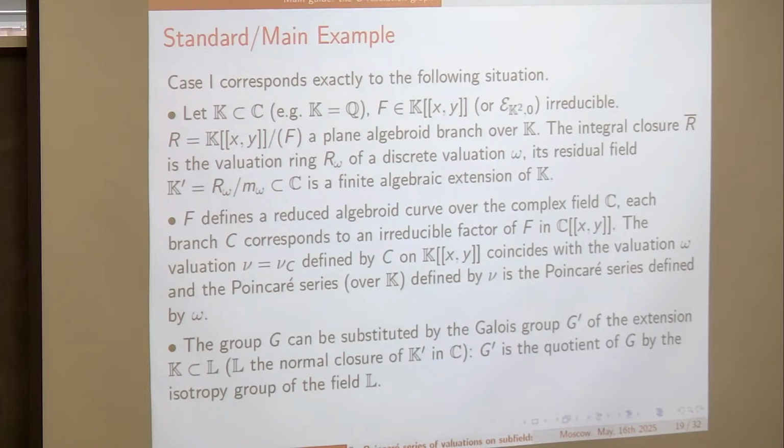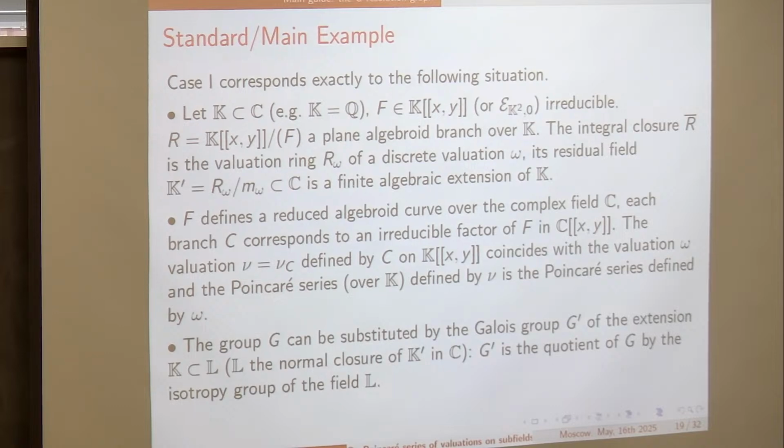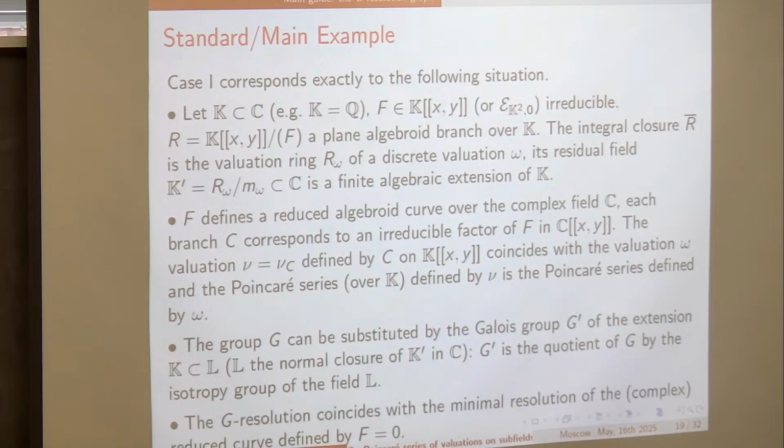So more or less the situation is exactly case 1. Any valuation in case 1 corresponds to this, and vice versa. Okay. By the way, the G resolution I define is exactly the minimal resolution of the complex curve defined by F equal to 0 over the complex numbers. Okay.